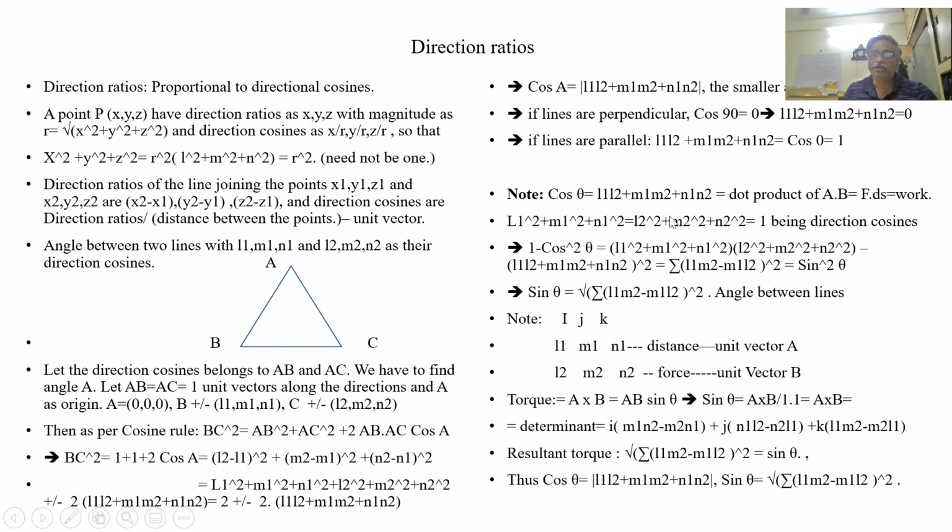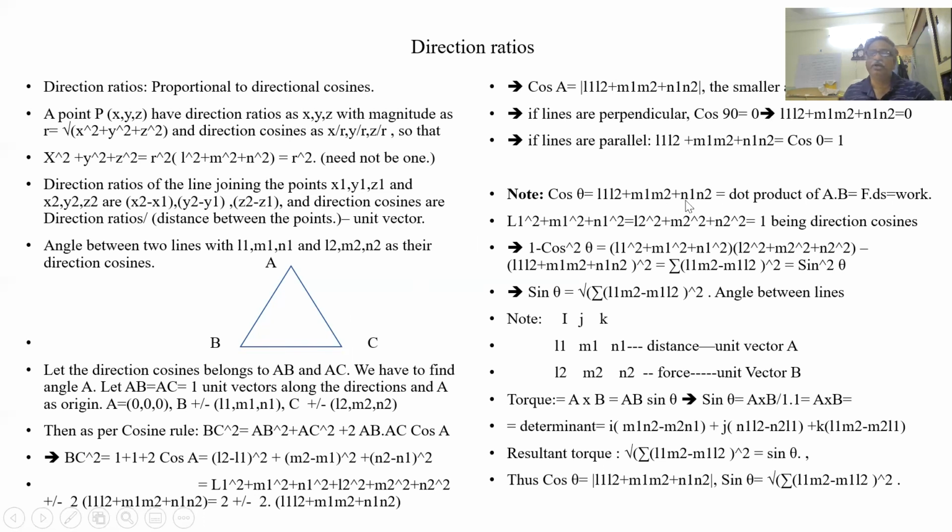So if we compare the unit vector cosines, we know whether they are perpendicular or parallel. So what is the dot product? This is nothing but a dot product of B dot C. If B is L1 i plus M1 j plus N1 k and C is L2 i plus M2 j plus N2 k, what is B dot C? i dot i is 1. So L1 L2, M1 M2, N1 N2.